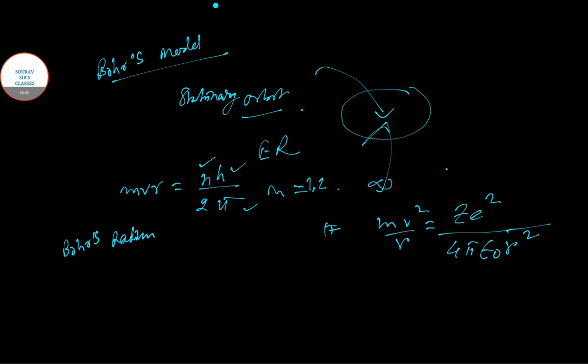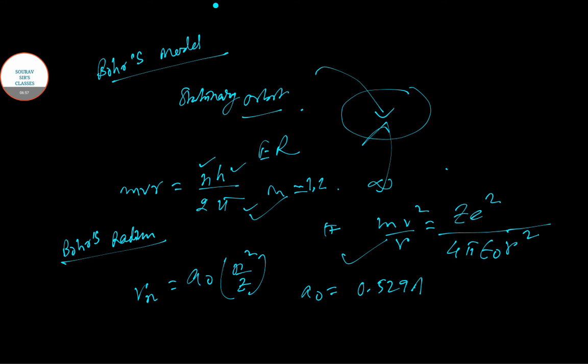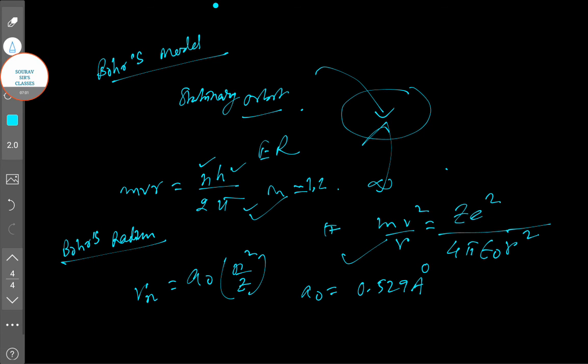Using the above two, we can say that r of n is a0 n square by Z, where a0 is 0.529 angstrom, the first Bohr radius.